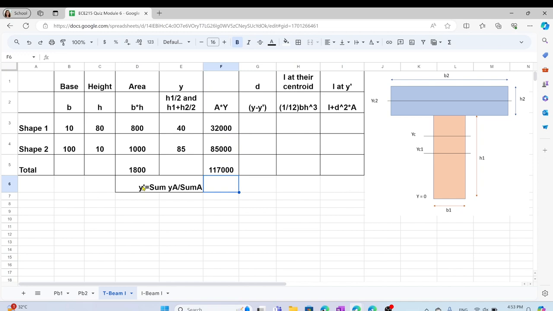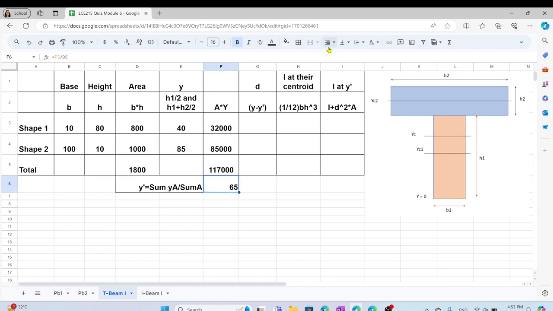And my y prime, or my y bar, it's usually y bar, it's easier to write y prime. Y bar equals the sum of the AY divided by the sum of the area. So it will be this one divided by this one. Enter.